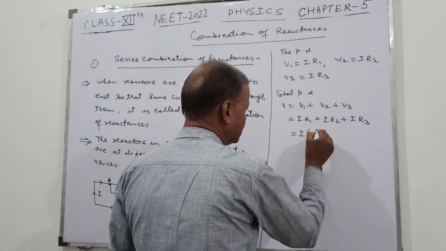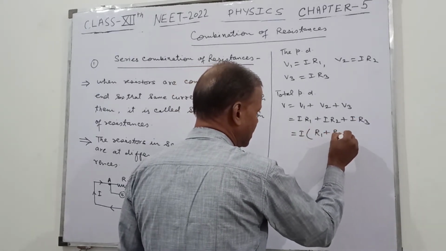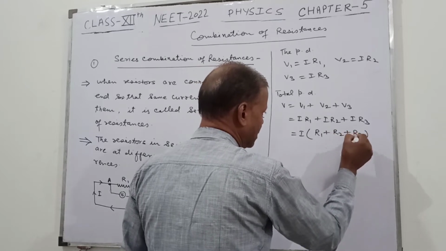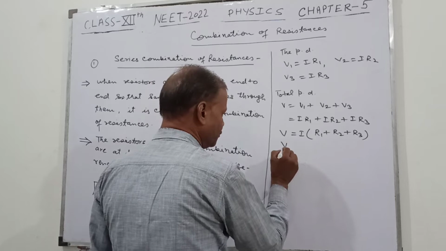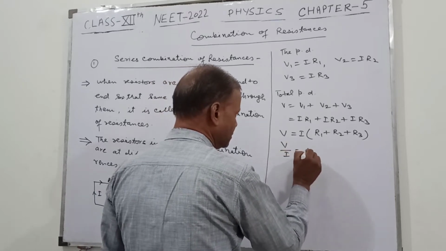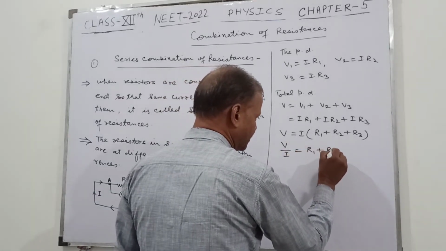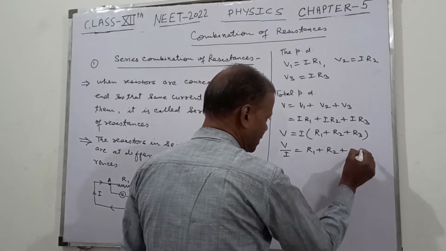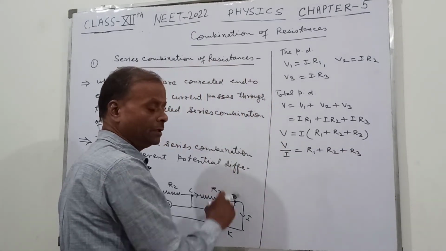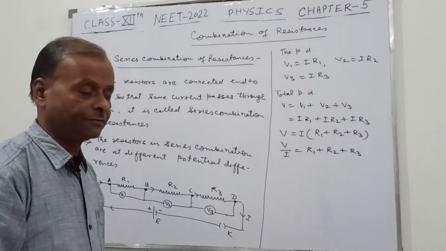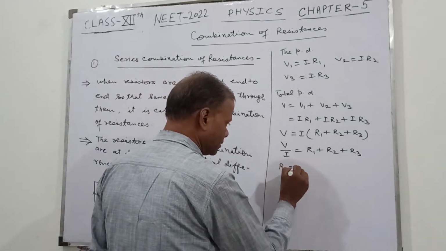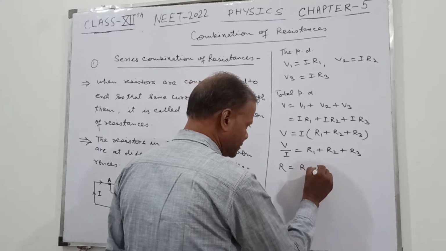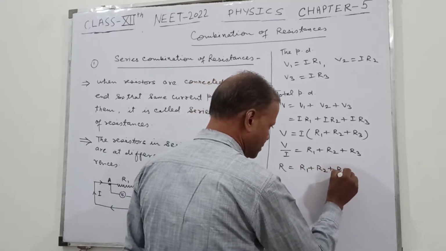You take common R1 plus R2 plus R3. This is equal to V. So V upon I is equal to R1 plus R2 plus R3. V upon I is the equivalent resistance. This is equal to R, equal to R1 plus R2 plus R3.